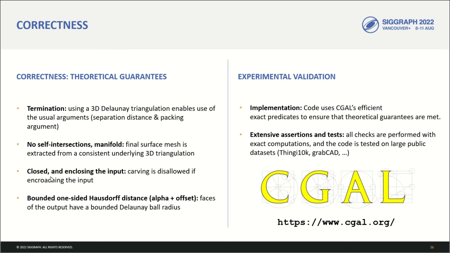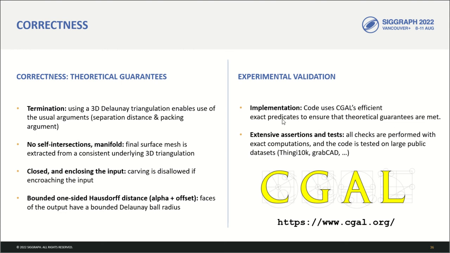We guarantee that the output is closed and strictly encloses the input, because carving is disallowed when we encroach on the input. And we have a bounded one-sided Hausdorff distance, alpha plus offset, because faces of the output have a bounded Delaunay radius. In terms of experimental validation, our implementation, already available in the CGAL library, uses CGAL's efficient exact predicates to ensure that theoretical guarantees are met.